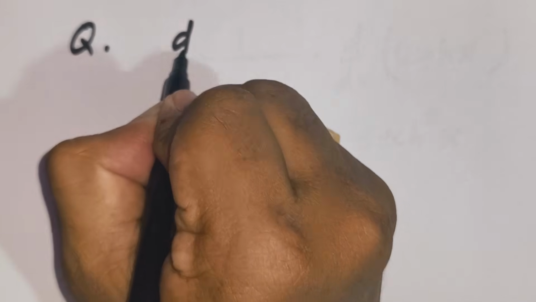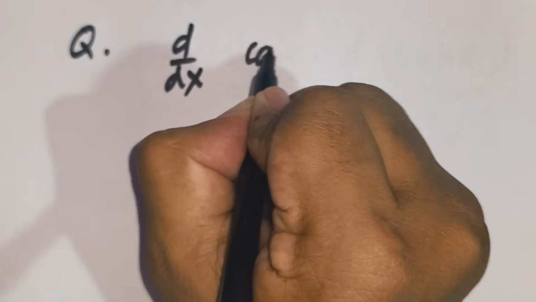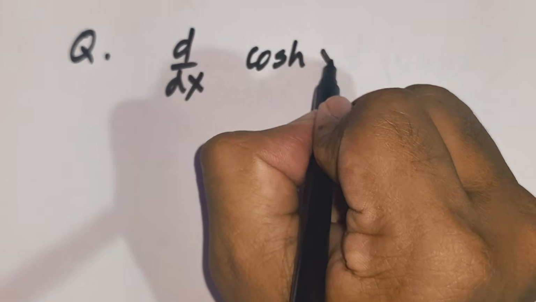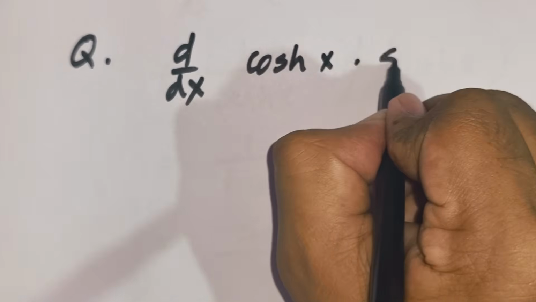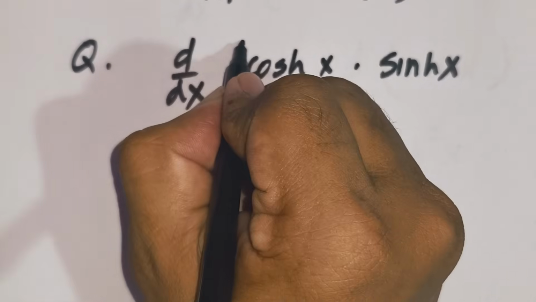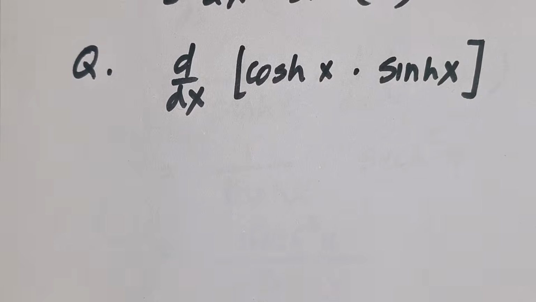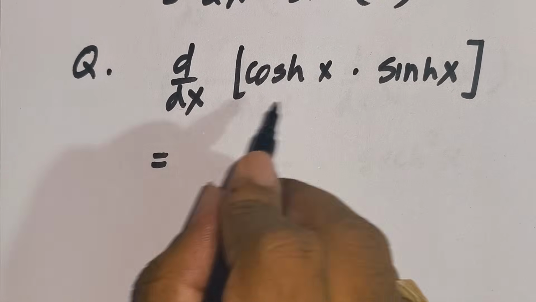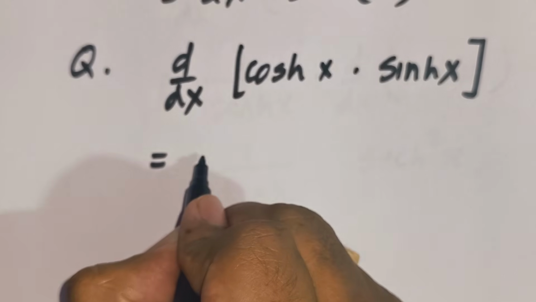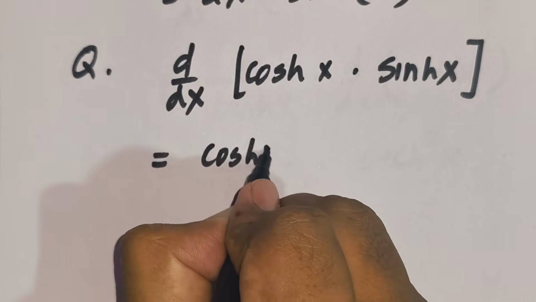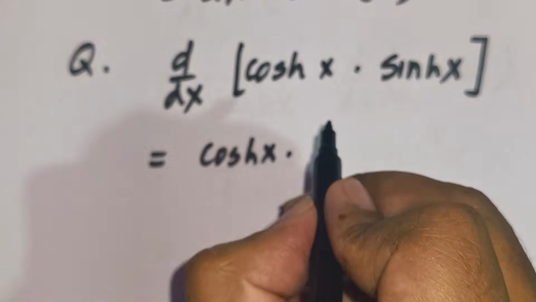Let's solve another. Suppose we have, find the derivative of hyperbolic cosine x times hyperbolic sine x, let's say. We can apply the product rule. It says keep the first function, then derivative of second.